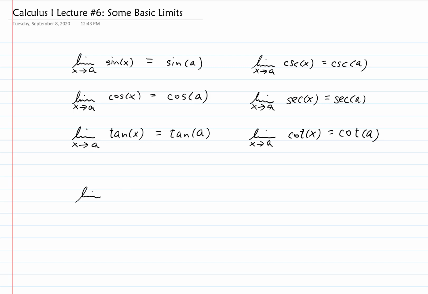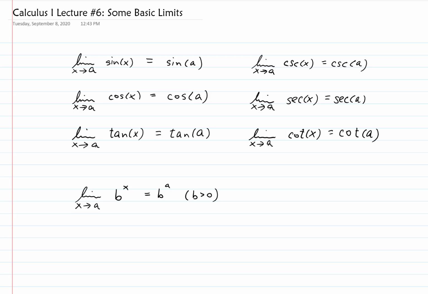So let's just say b to the power x, okay? As x approaches a, that would just be b to the power a. And we're just going to limit ourselves to b being positive. I'm using b there because that's called the base. The a is the exponent and the b is the base.